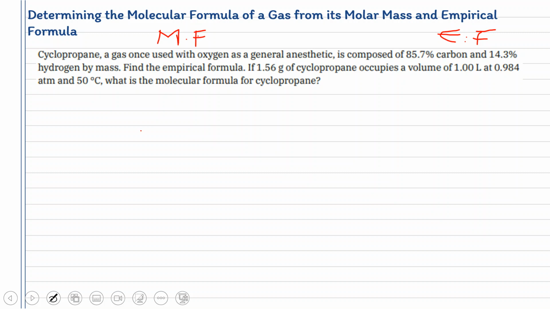Okay, so we can write this. If you have the molecular mass and you divide the molecular mass by the mass of the empirical formula, that gives you the multiplier. It's going to give you a certain number. This number is a multiplier that can result in your molecular formula.